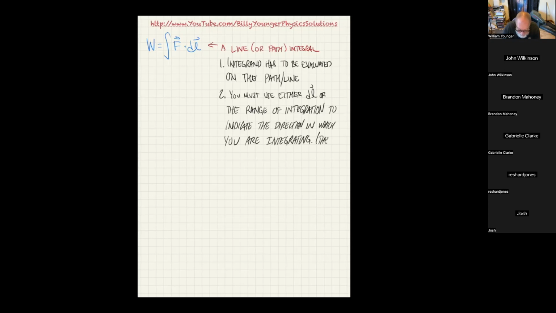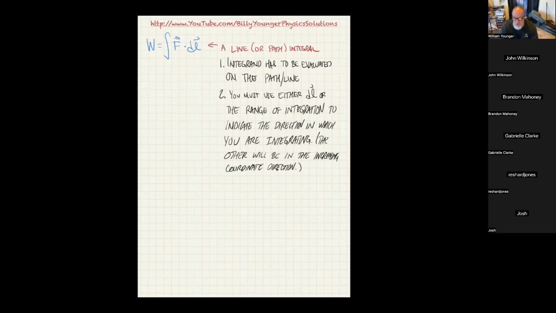The other will be in the increasing coordinate direction. Now, this is the tricky part. I say tricky part. It's actually the part that makes you get it right more times than you really warrant getting it right. It's been my experience.